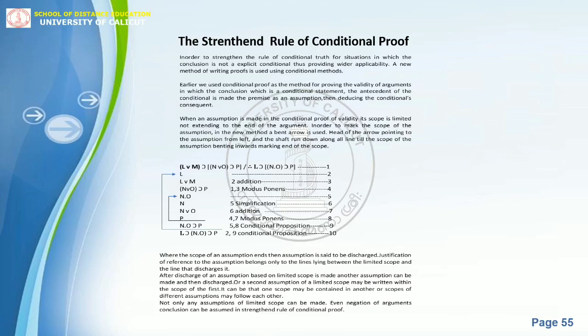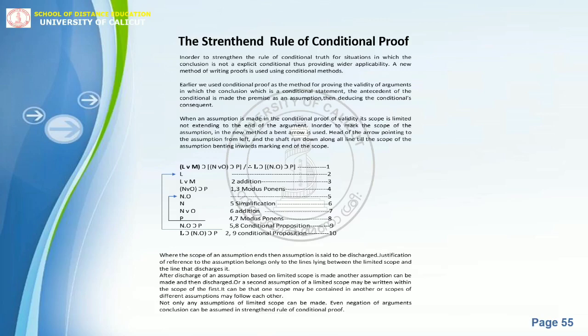Then I have found the 4, 7 modus ponens. Hence I get the answer P and numbered it as 8. So now we can close the scope. Hence I get N conjunction O implies P.